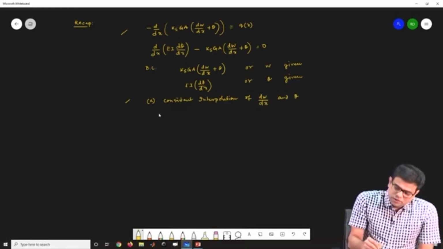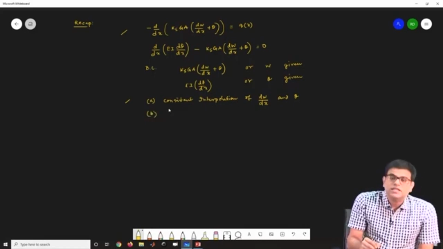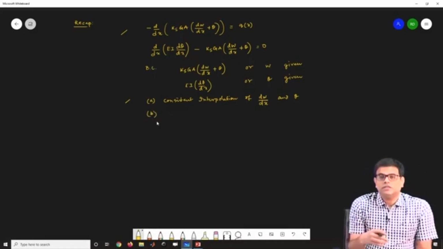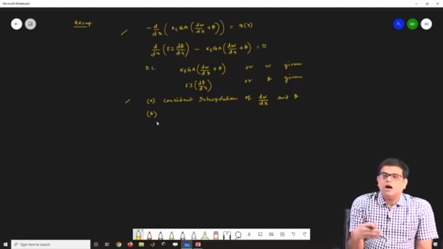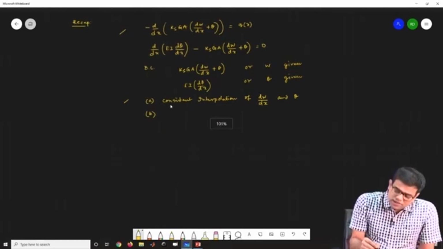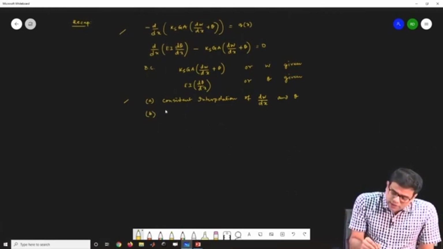So this is one formulation, and another one, which is to alleviate numerically the shear locking we discussed, is the reduced integration method.